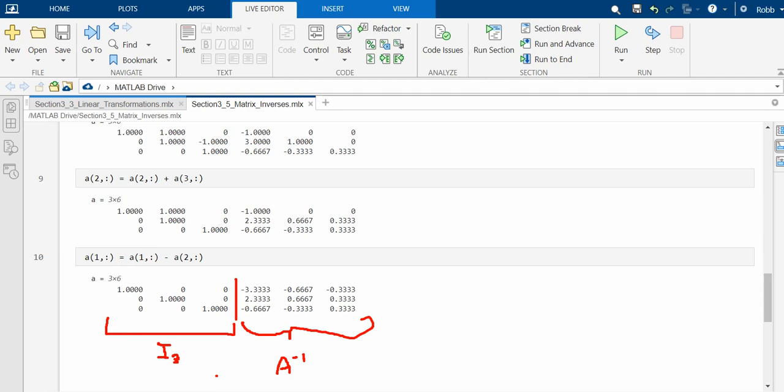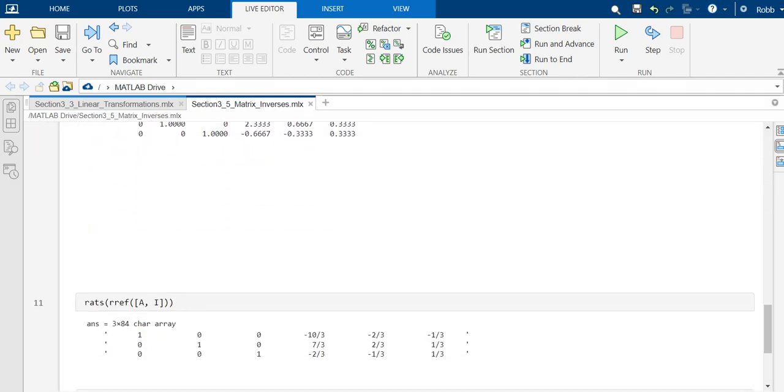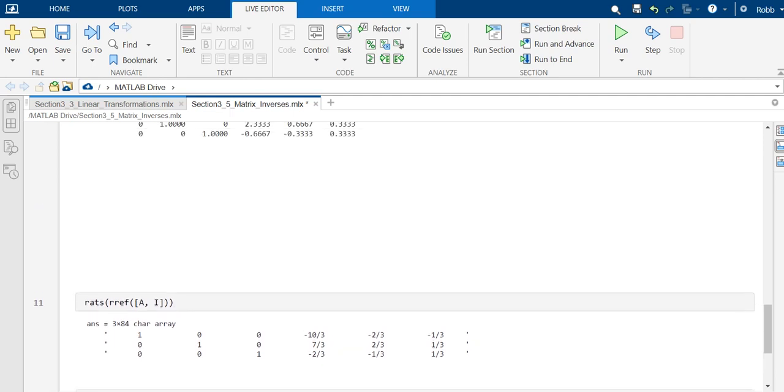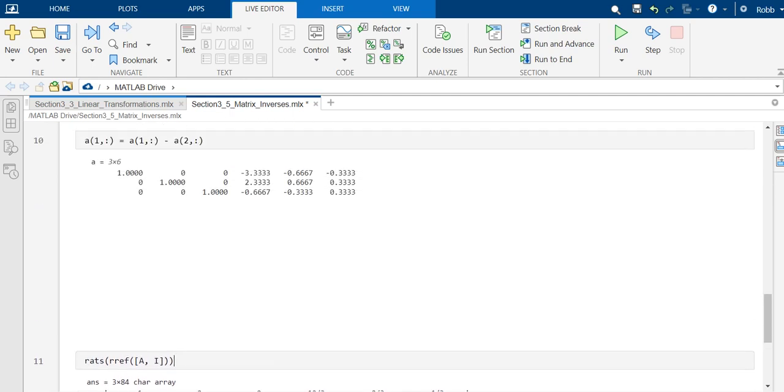Okay. So that's interesting. And I will say that, yes, are there other ways to do it? Yes. I can row reduce this augmented matrix. And remember, we defined capital I up above to be I3. Okay. And it'll do it. And notice that we use the RATS function, the rationalize everything function, and we get some 10 thirds and 2 thirds rather than 3.333.